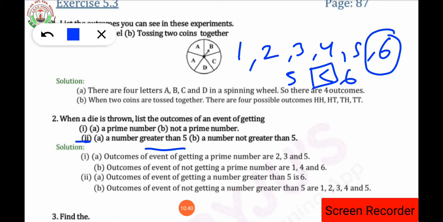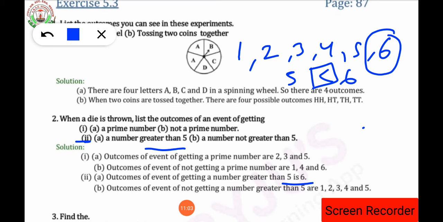If it is asked for a number greater than 3, then how many numbers will come? 4, 5 and 6. 3 numbers will come. Since in the question it is asked a number greater than 5, only 6 will be the answer. Clear? Outcomes of the event of getting a number greater than 5 is 6. Have you understood up to here?